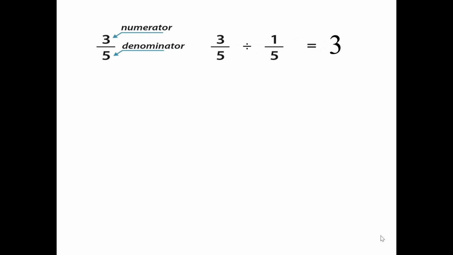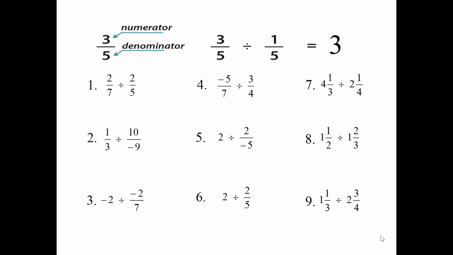Example niya dito, 3/5 divided by 1/5 is 3 times 5 over 5 times 1. We get the reciprocal of 1/5, which is 5/1. So that's why 3 times 5 and 5 times 1. So 15/5 is equal to 3. Okay, here's the question. Try to solve.